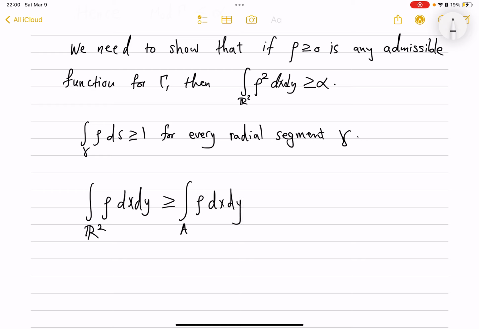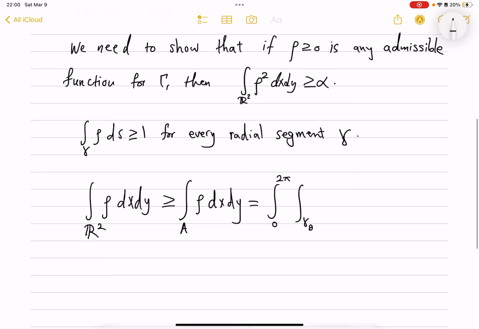Then, because the annulus is rotationally symmetric, it's easier to switch to polar coordinates, which will be from 0 to 2 pi, integral over gamma theta, the radial segment in direction of theta, making the angle theta with the x-axis.